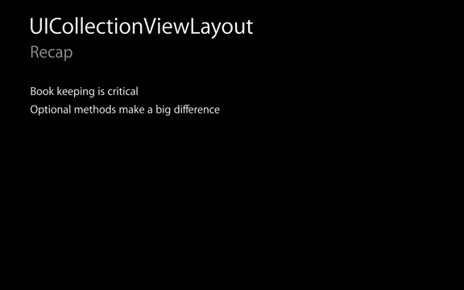So to recap, bookkeeping is critical to making your layout work. If you don't have the information you need, there's no way you can make these methods work. And then the optional methods really make a huge difference. They're the difference between a layout that technically works and a layout that's just great.